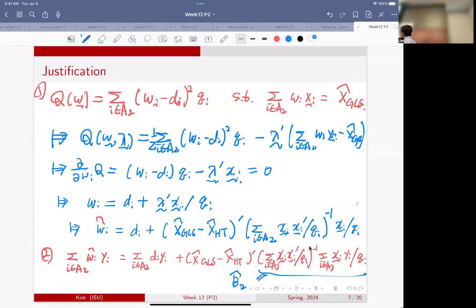So we are done, because this is the GLS estimator. Okay.